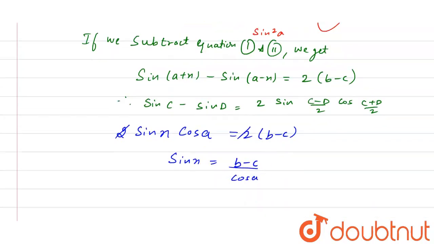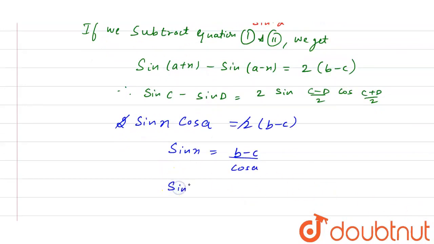If we square both sides, we get sin² x = (b - c)² / cos² a. Let this be the fourth equation.